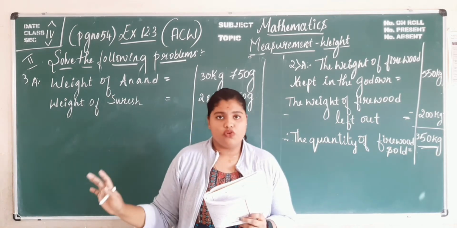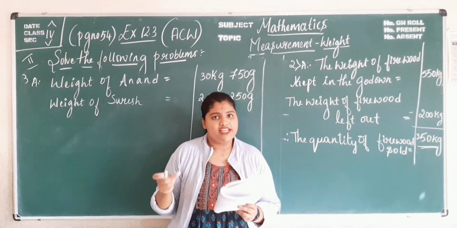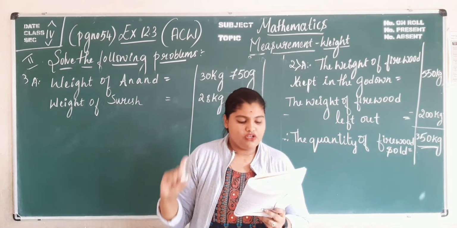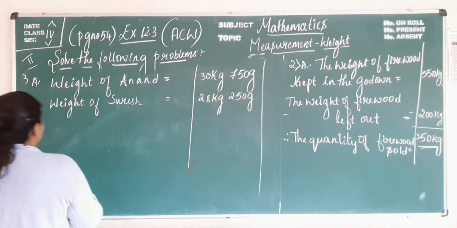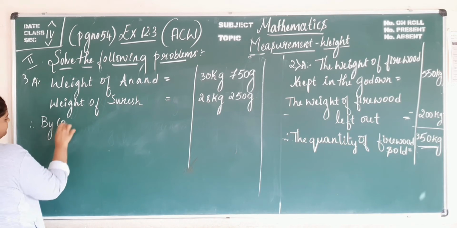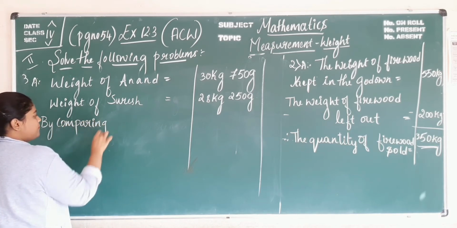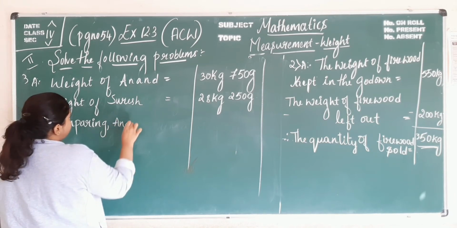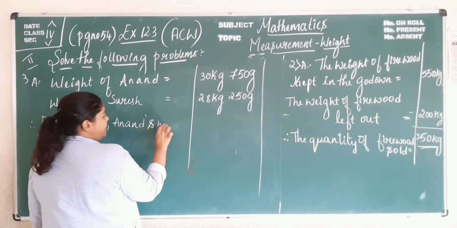Whose weight is more? Yes, Anand's weight is more. By comparing, Anand's weight is more because his weight is 30 kg 750 grams. Therefore, by comparing, Anand's weight is more.